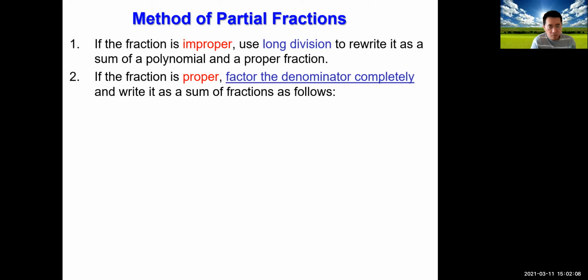So, in other words, if we encounter a fraction that is improper, what do I mean by improper? For numerical fractions, an improper fraction is when we have a numerator equal to or greater than the denominator.